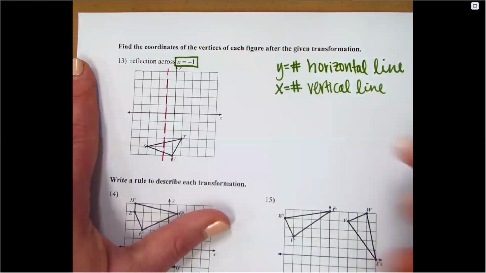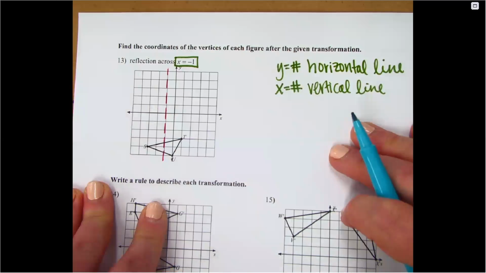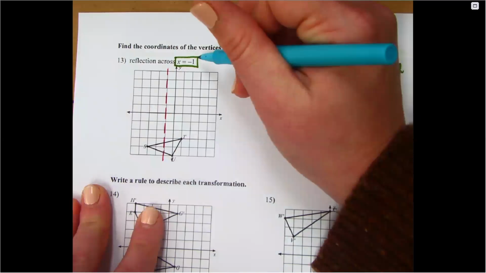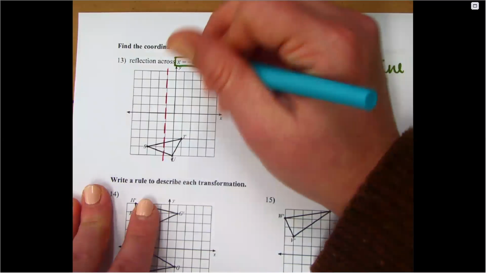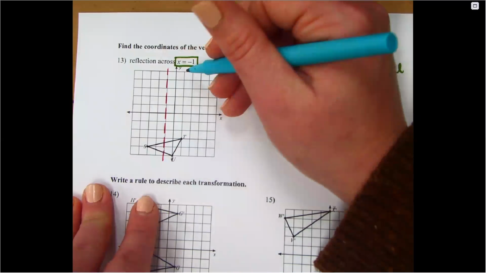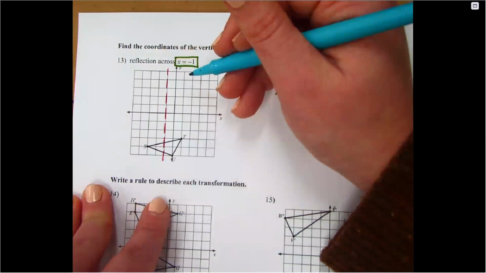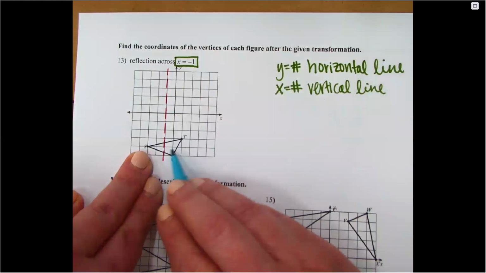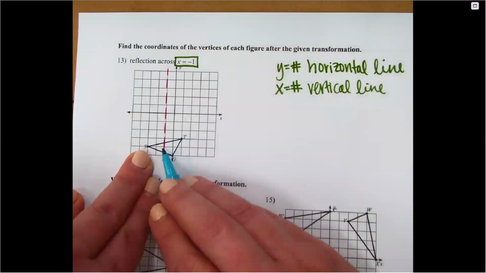So step 1, identify the line of reflection. We identify the line of reflection, and then from there, you are going to do the actual reflection. So S is 2 units off of the line of reflection. So I need to go the opposite direction, which in this case is to the right, 2 units.